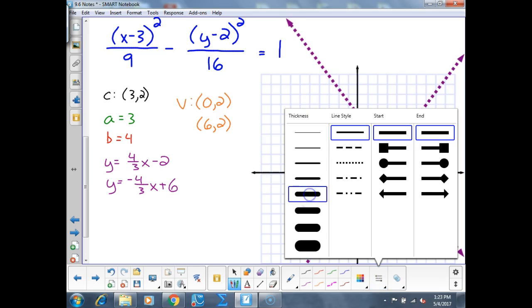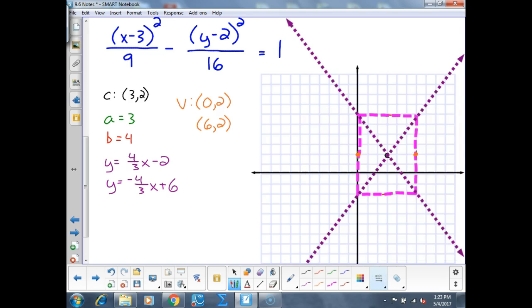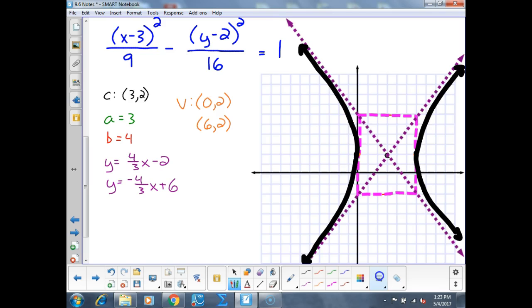I can draw it in. I got one last thing, right?